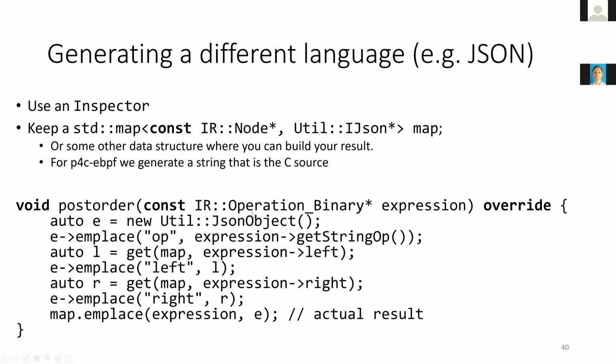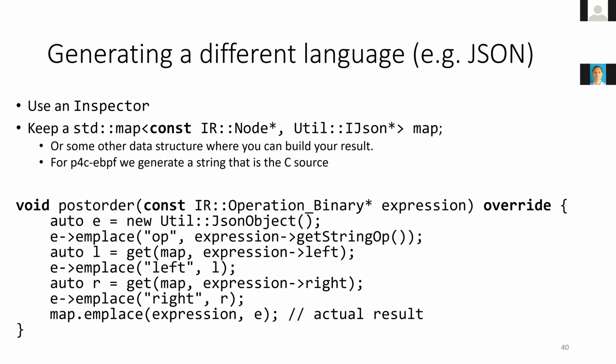And to generate something new, one way to do it is, for example, to keep a map in which you map each node in your tree, which is an IR node, to some other object that you want to generate. In this case, it will be a JSON object. And then what your functions will do, you will have a visitor that doesn't return anything new. It's like an inspector.